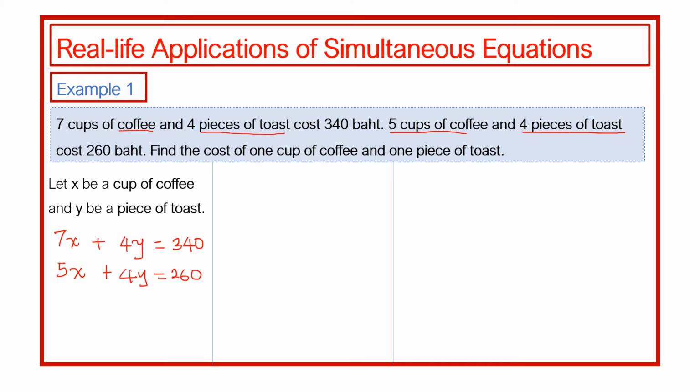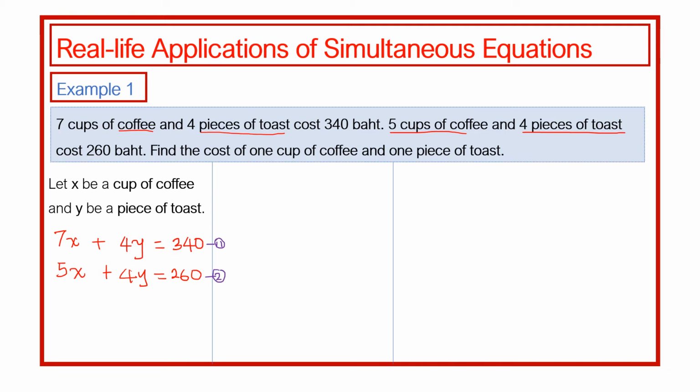So this is equation number 1 and this is equation number 2. Like we saw already that we can use graphical method, substitution method or elimination method. For this case, let us use elimination method.